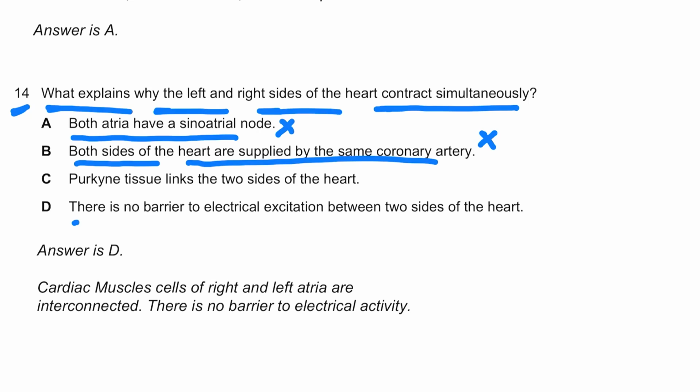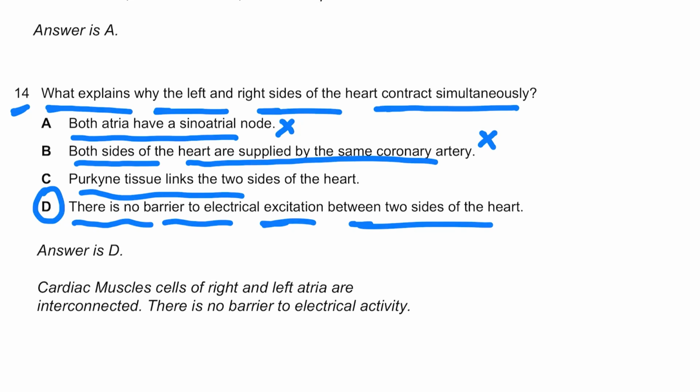So the answer should be D, that there is no barrier to the electrical excitation between the two sides of the heart. That's why the electrical impulse can go straight from the right atrium to the left atrium.